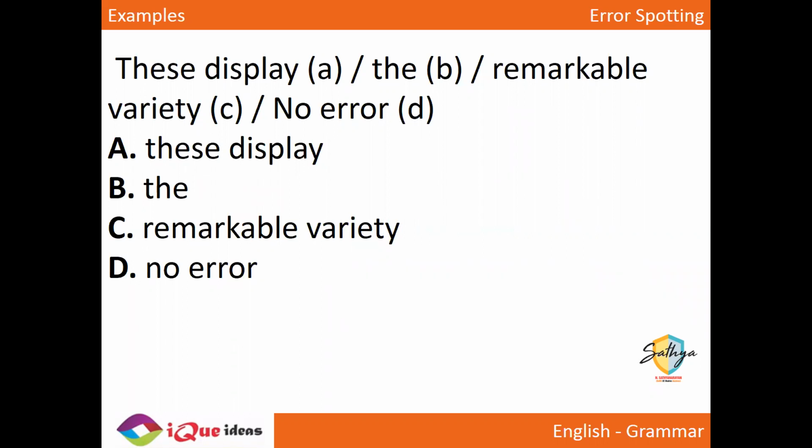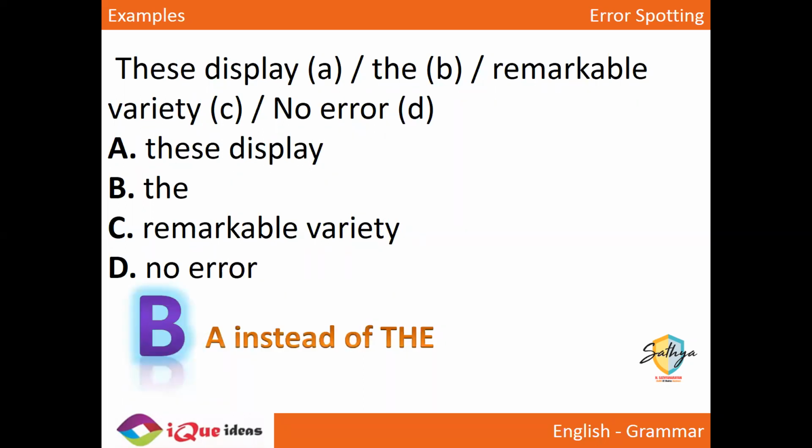So these display, okay. But when you say remarkable variety, you don't use the definite article the, right? You use the article a. So these display a remarkable variety is the best way. Of course, the sentence is a bit incomplete at the end, but nevertheless, we don't say the remarkable variety. We say a remarkable variety. These display a remarkable variety. Okay, moving on.